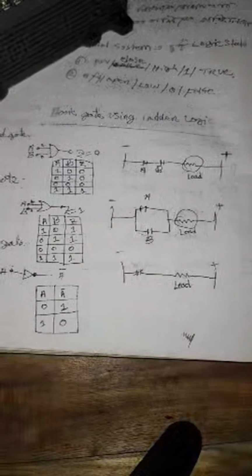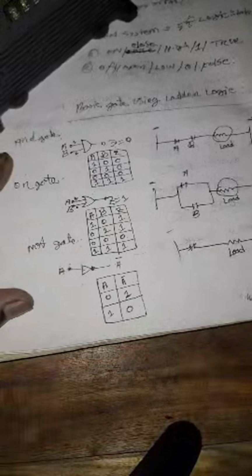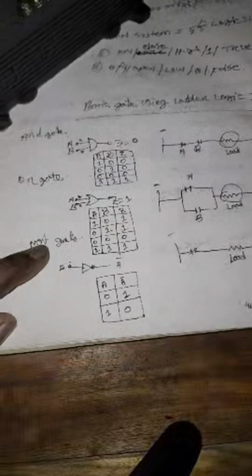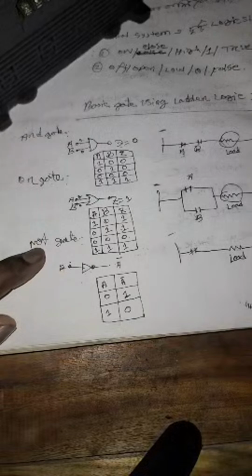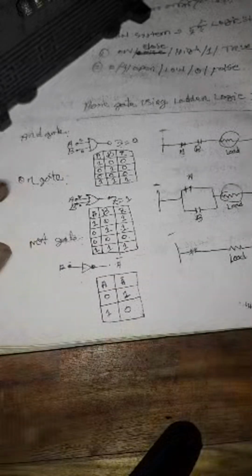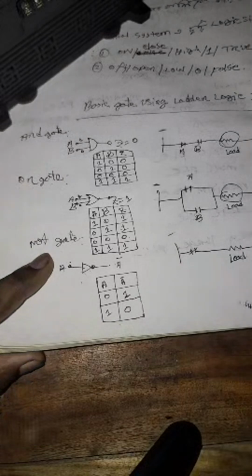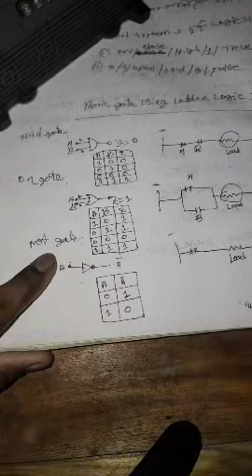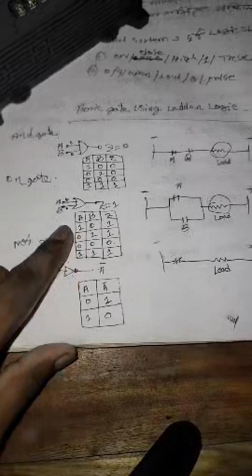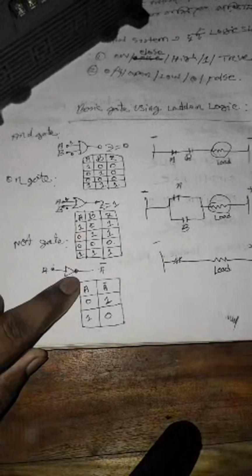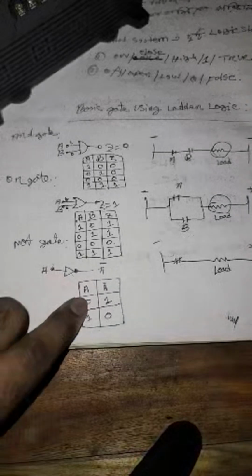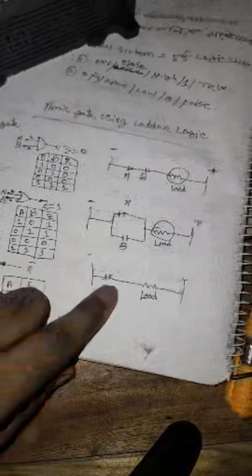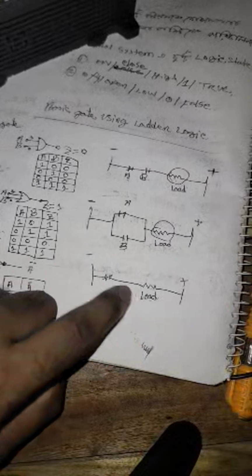Let's go to the last step, NOT gate. NOT gate is a different type from the AND gate and OR gate. NOT gate has one input, one output. This sample is NOT gate, this truth table is NOT gate, and this circuit diagram is NOT gate. So please look carefully at the page.